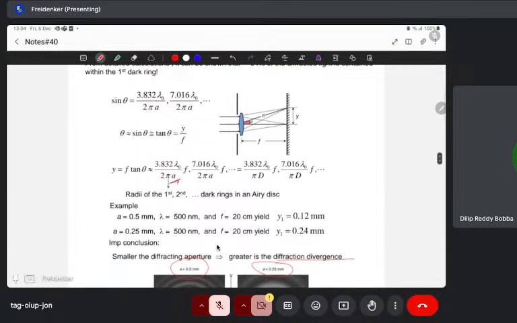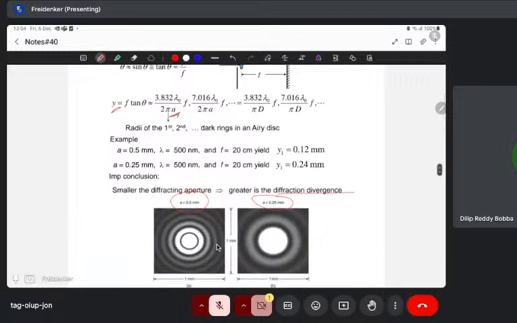If A increases, Y will also increase. And if A decreases, Y increases. Okay, so if A decreased, Y increased. So the first ring will be larger. That looks like the case. See, here all the rings are small, but here the rings appear to be larger. That means A is decreasing. Nice.